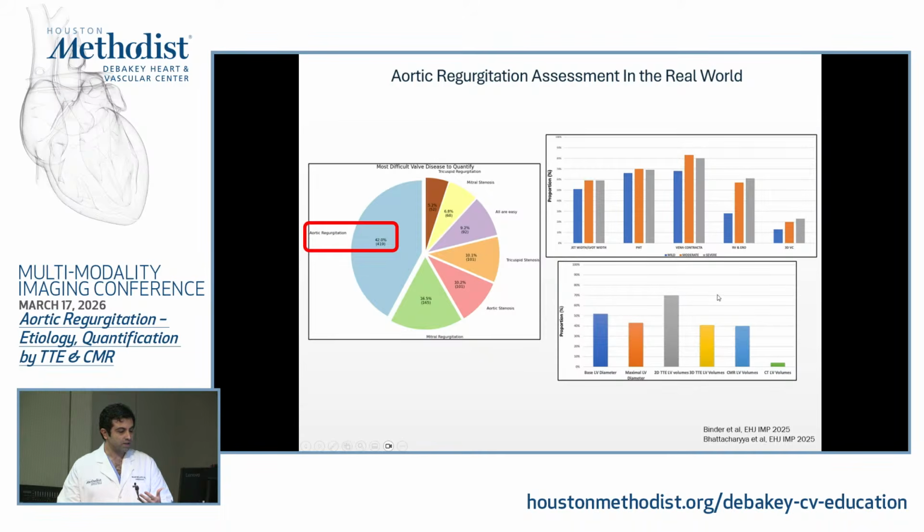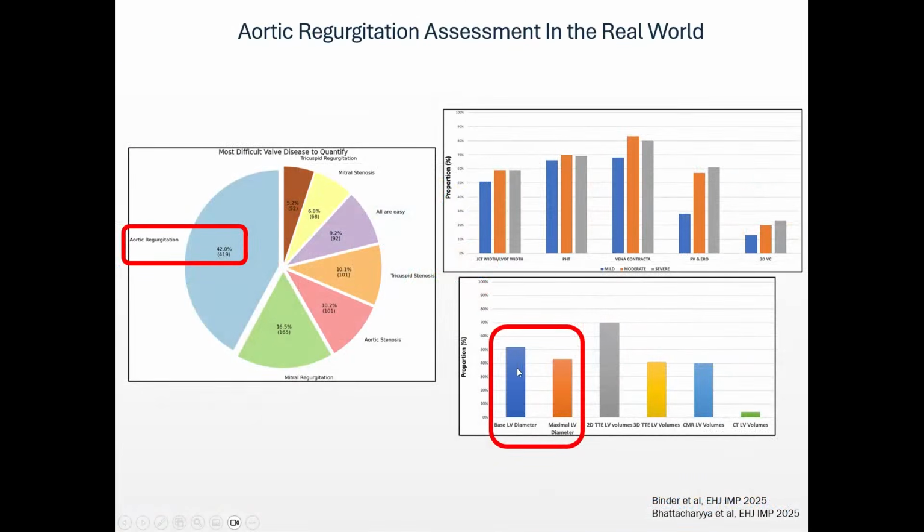And for volumes, whether it's MRI or TTE or CT, it's really a small percentage of people. And then look at the diameters. I mean, we've been using diameters for AR and MR and others since the 80s, but it's really only now that we have maybe a slight majority using the basal diameter versus maximal diameter. So the end result of all of this is that there is a lot of room for improvement.